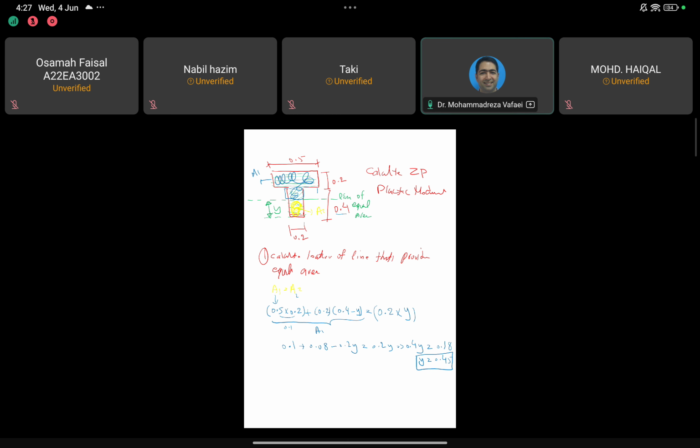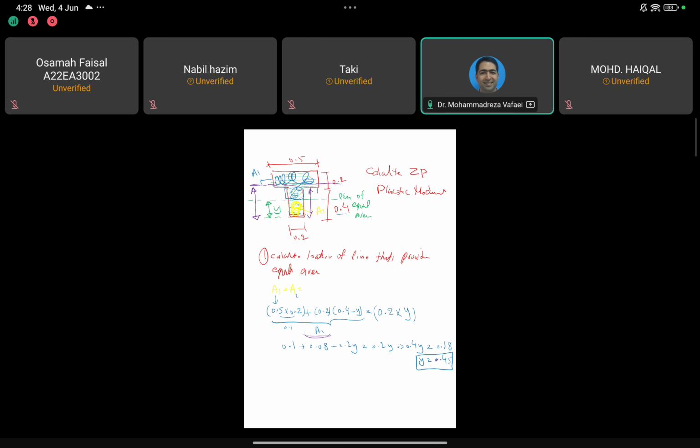So that means it is coming almost here. Okay, so we are here. If it is coming to that location, the calculation that we have made needs to be adjusted, because in this calculation we assumed that y is within the area of this part, right?